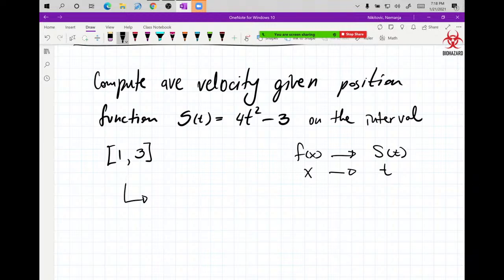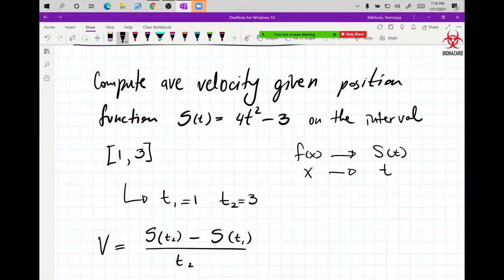Oh, okay, that's not that bad. t1 is 1, t2 is 3, so my average velocity is going to be s of t2, which is replacing your f of x2, minus s of t1 divided by t2 minus t1. The calculation is exactly the same as the previous problem.